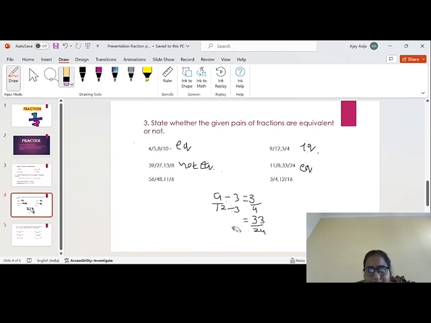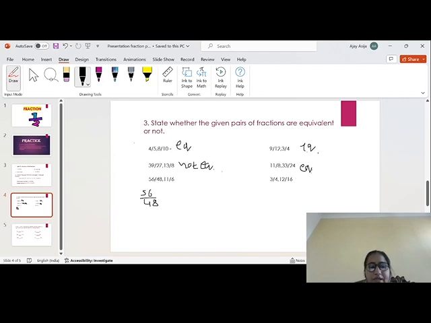Let's delete all the stuff so that we can get some space. Let us write 56 by 48. First fraction in the fifth part.